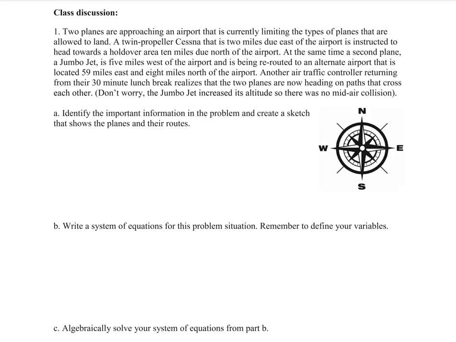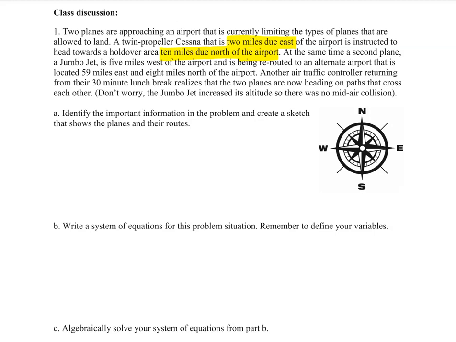Alright, now let's proceed to our class discussion. Two planes are approaching an airport that is currently limiting the types of planes that are allowed to land. A twin-propeller Cessna that is 2 miles due east of the airport is instructed to head towards a holdover area 10 miles due north of the airport.